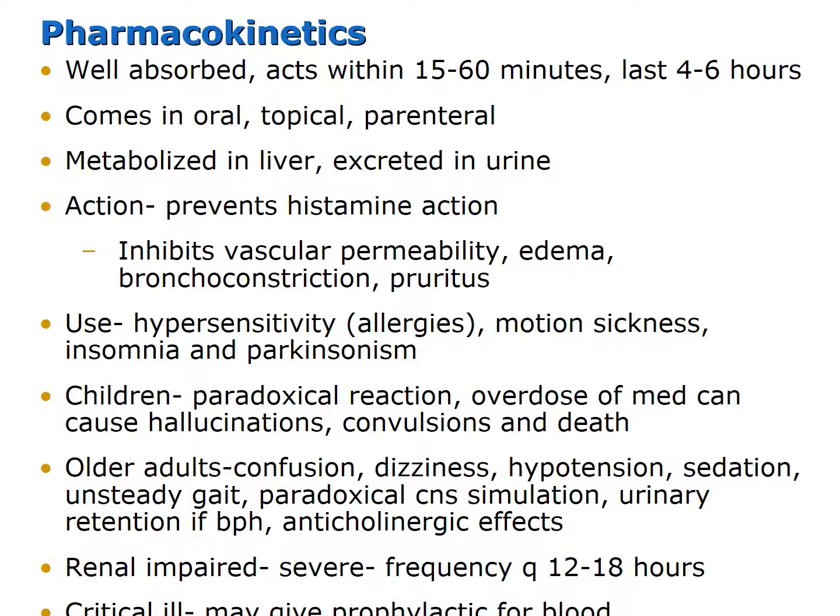Paradoxical CNS stimulation, they can have that just as the child can. Urinary retention, if they have prostate issues, BPH, which is benign prostatic hypertrophy, and it has an anticholinergic effect. We're going to talk about that in a minute. Renal impaired, if it's severe, the frequency has to be adjusted, and dose as well.